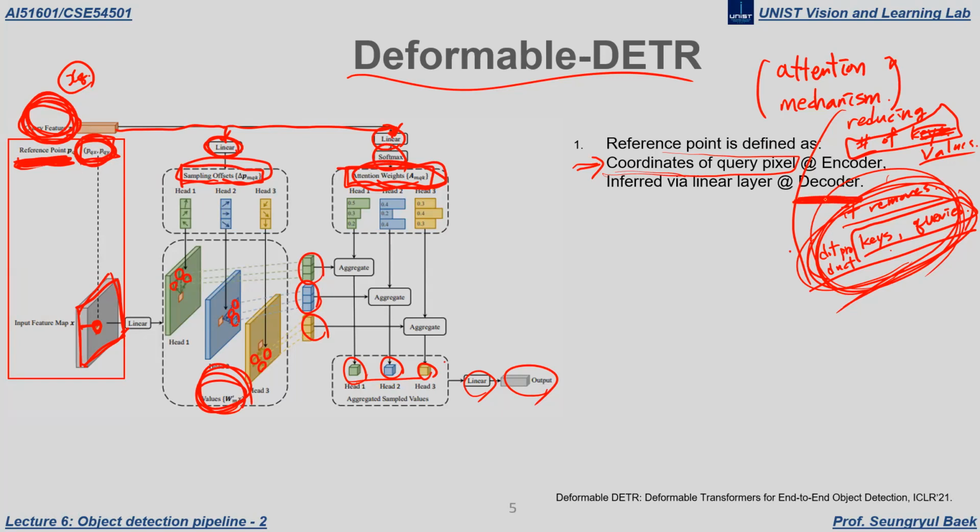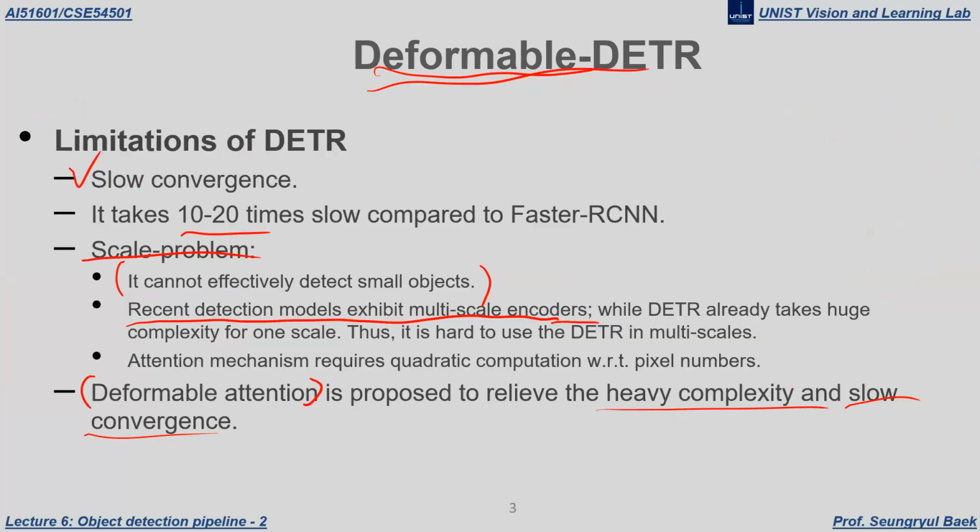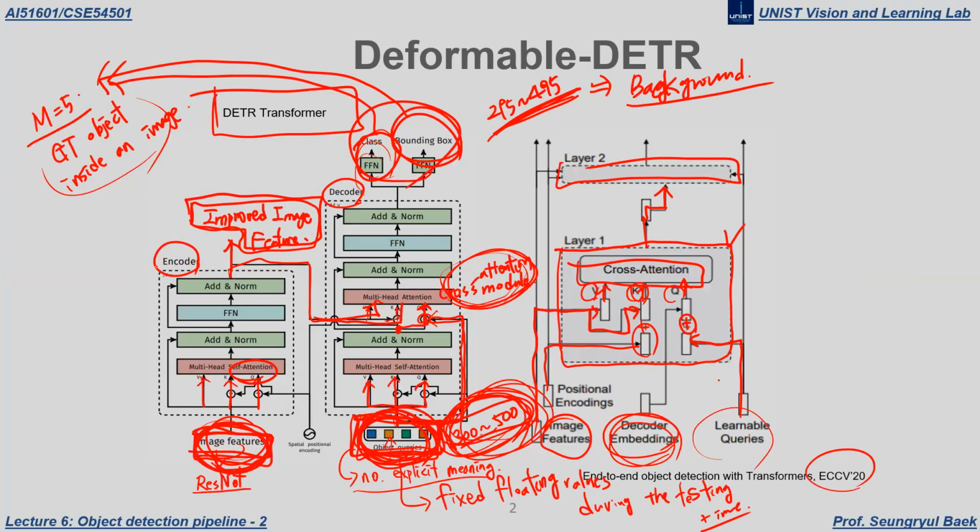But in the decoder, when choosing the queries, we don't have any feature map, okay? So here, for encoder, we have the image feature, right?